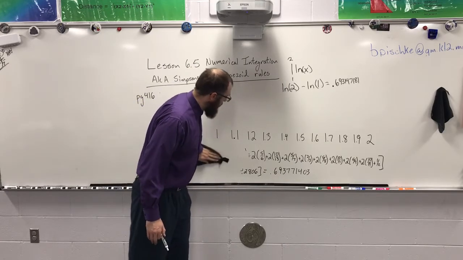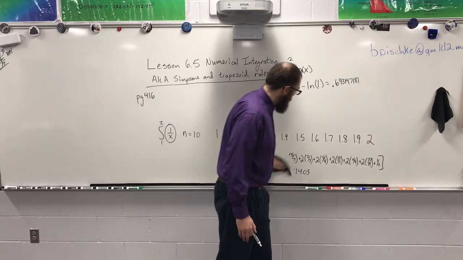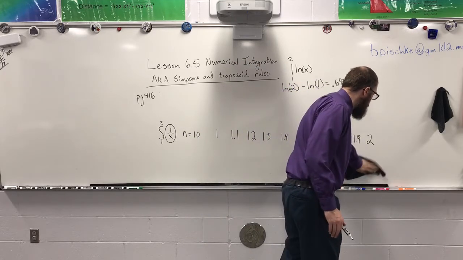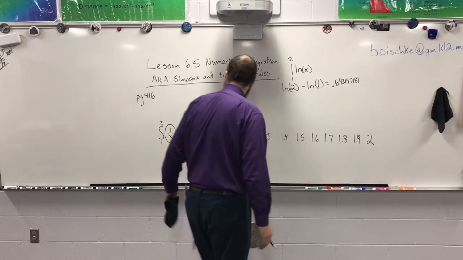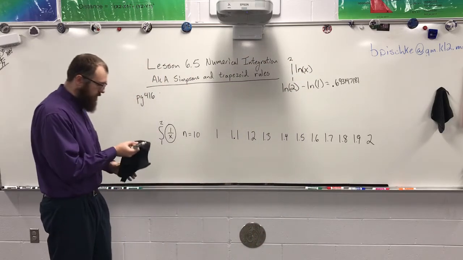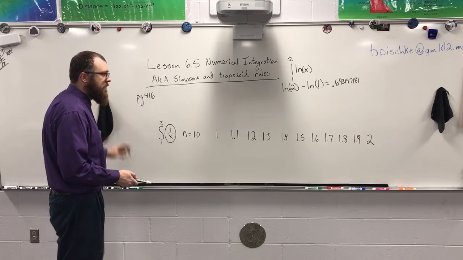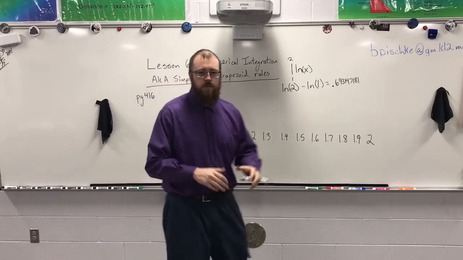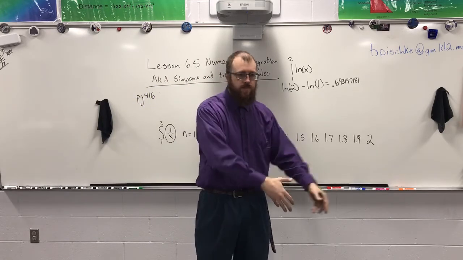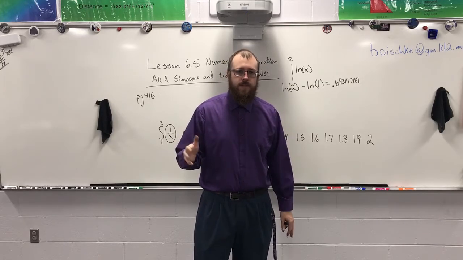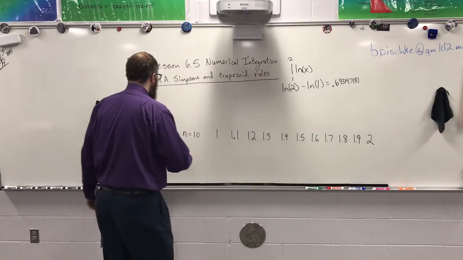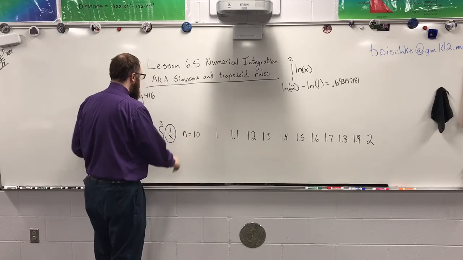Now you're going to find that on the homework. What they're going to ask you to do is both rules on each problem. So don't reinvent the wheel when you're going from one problem to the next. So all the problems are going to say, do this with the trapezoid rule, do it with the Simpson rule. Okay, so it's a part A, part B situation. Don't reinvent the wheel. We're going to do the same 10 chunks.